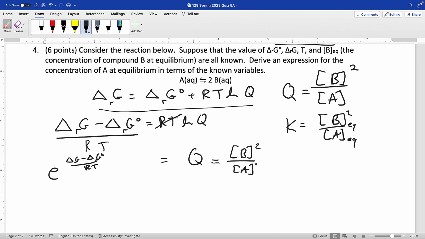So I can always say this. This is always true. And I wanted to solve for A, so I'm going to multiply both sides by A.